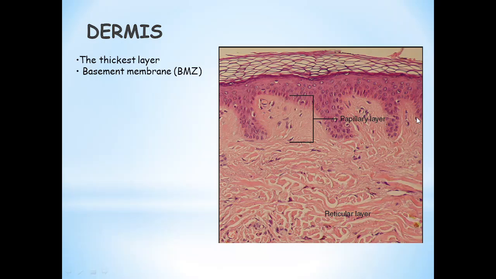The basement membrane is not straight, it's wavy, and the upper part here is called the papillary dermis, and the lower part here is called the reticular layer. The upper one, the papillary layer, contains a thin arrangement of collagen fibers. The papillary layer supplies nutrients to select layers of the epidermis and regulates temperature.